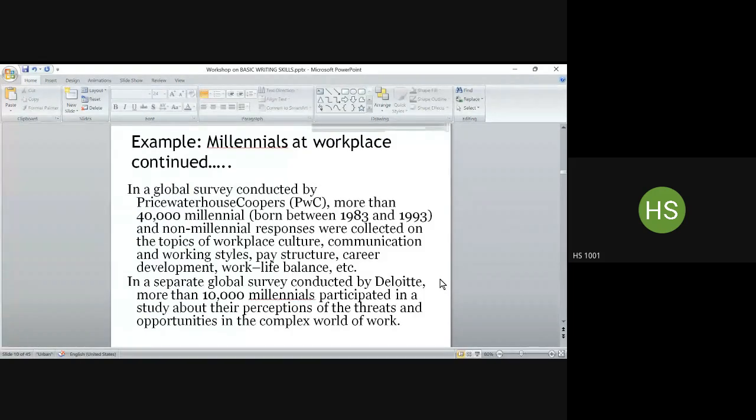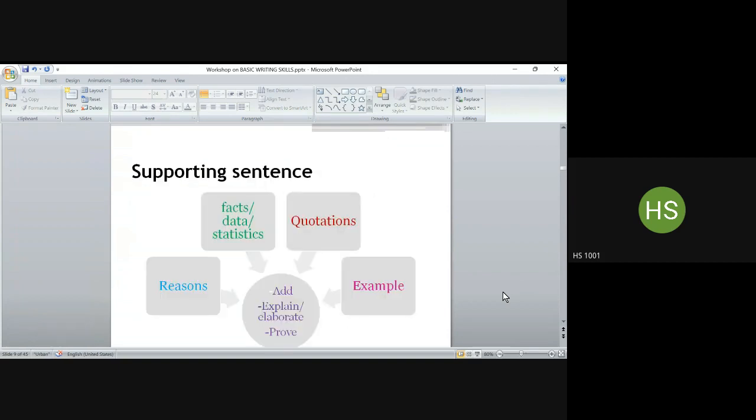And I think it's self-explanatory. I don't have to tell you why this becomes a part of the supporting sentences. So once again, to take you through that slide, what do supporting sentences do? They add, explain, elaborate, or prove a claim that is being made in the topic sentence of the paragraph, for which they can use facts, data, statistics, quotations, examples, or reasons.